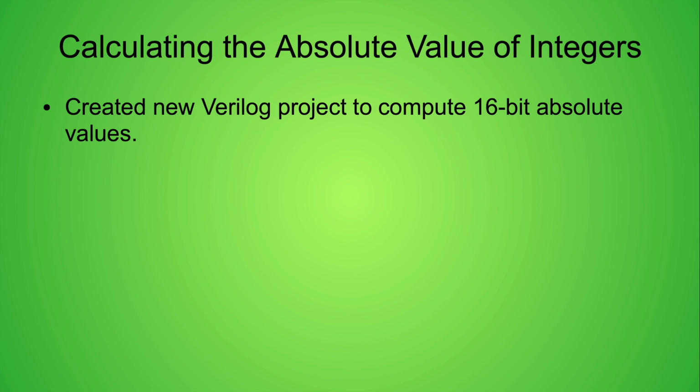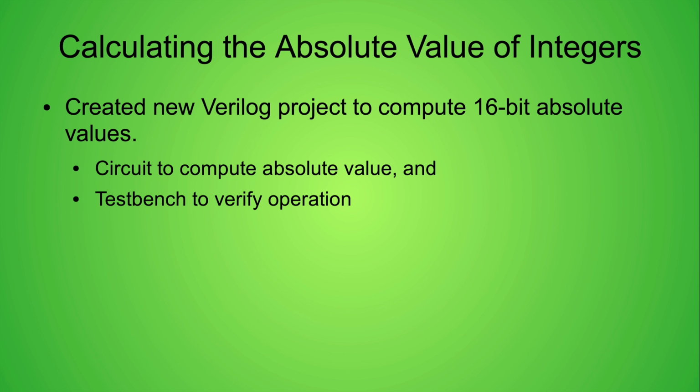To begin, I created a new Verilog project to compute the absolute value for 16-bit signed integers. The project only has two files. The first contains the code to implement the absolute value circuit. The second is the test bench for verifying the behavior of the circuit.